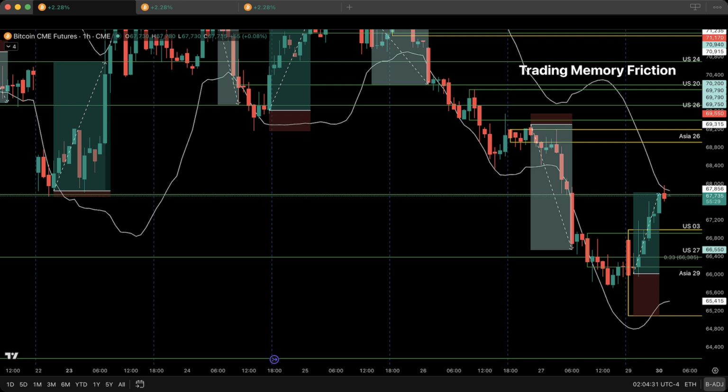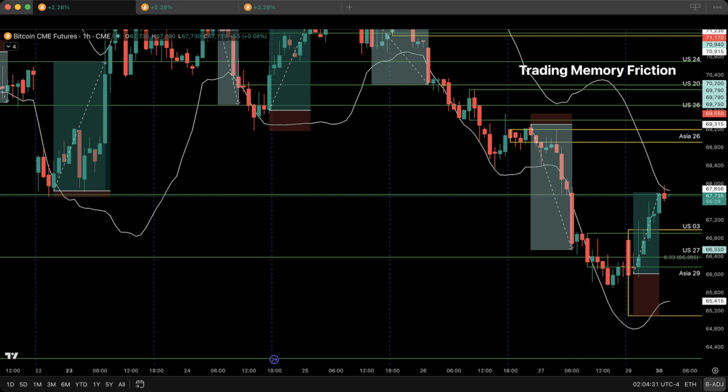If price fails to hold and breaks lower again, then the previous move continues. So this phase is not neutral. It is decisive. It determines whether the market resolves upward or downward. And if you can read this phase correctly, you are no longer reacting. You are anticipating.